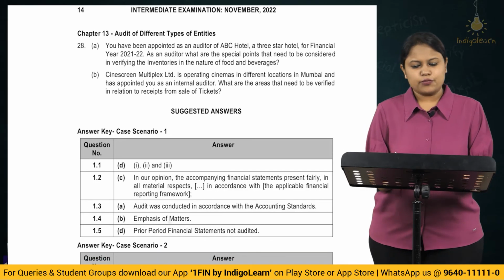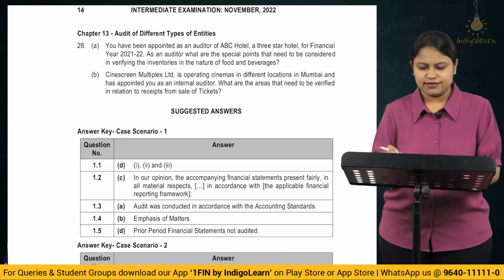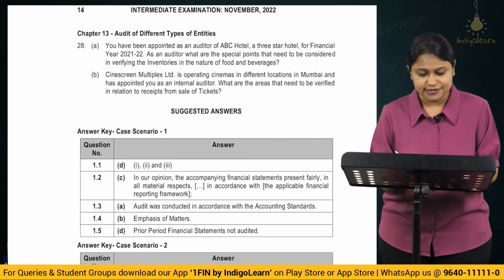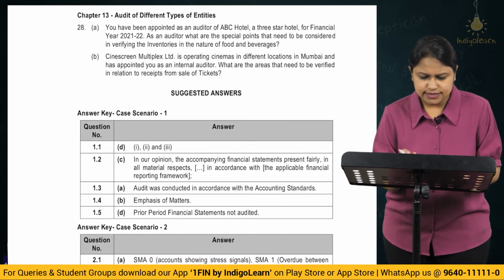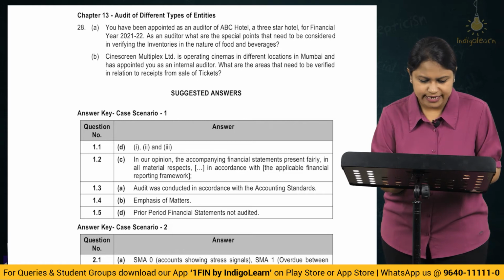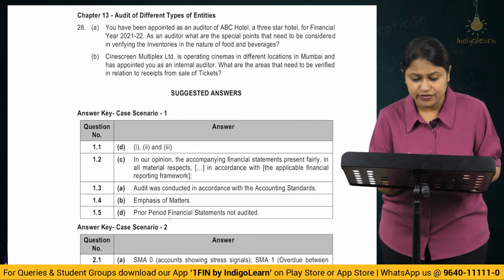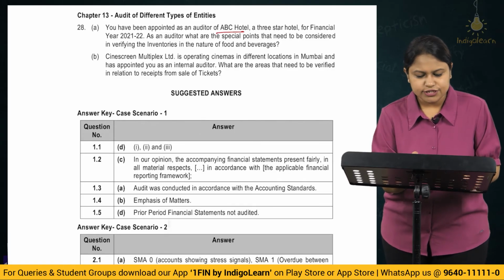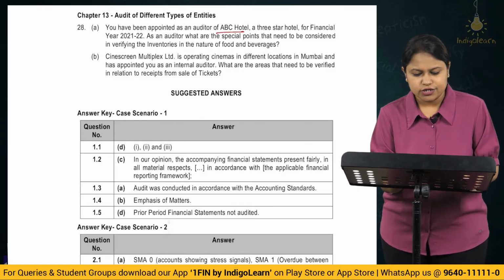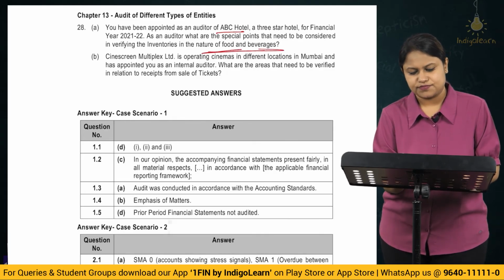Then comes the last point, which is one of the most interesting topics of Intermediate, that is audit of different types of entities. So here the question is about 28(a)(i): You have been appointed as the auditor of ABC Hotel, a 3-star hotel, for the financial year 21-22. As an auditor, what are the special points that need to be considered in verifying the inventories in the nature of food and beverage?